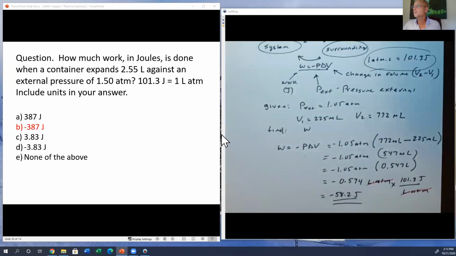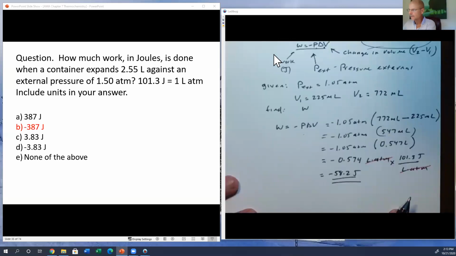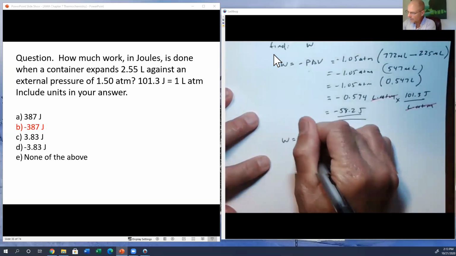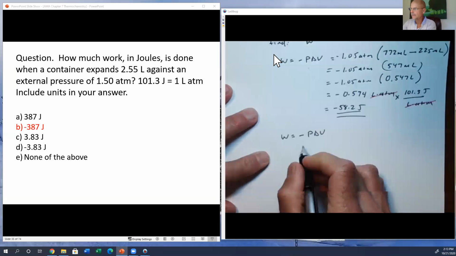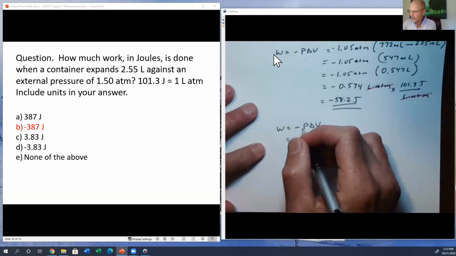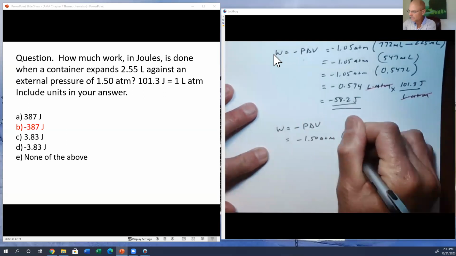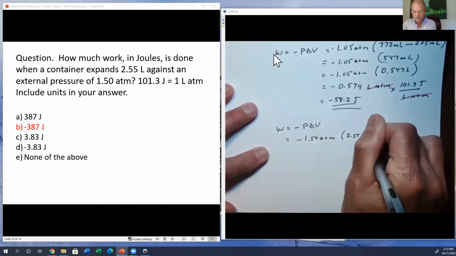Okay, the right answer was B. The only other significant answer really that was put down was A, and that's just the wrong sign, okay? You have to remember that the equation is W equals minus P delta V. That's the negative sign. So when you do that, you go negative 1.50 atmospheres times 2.55 liters.